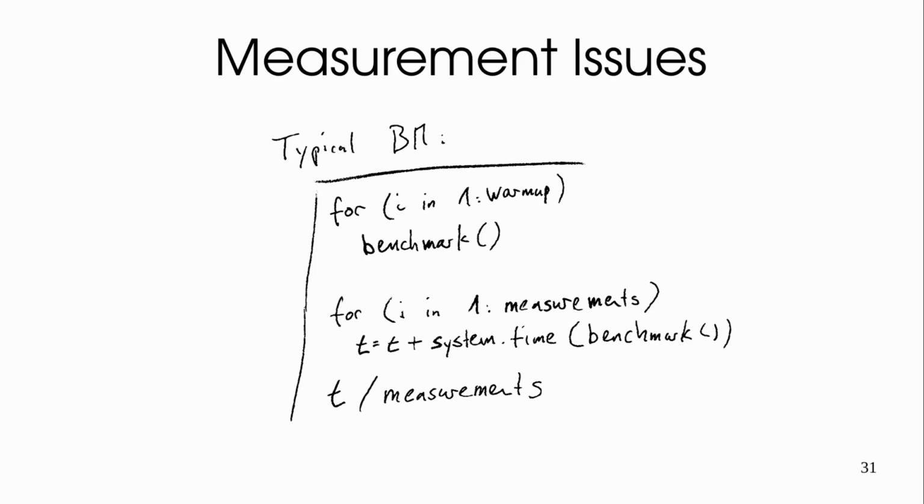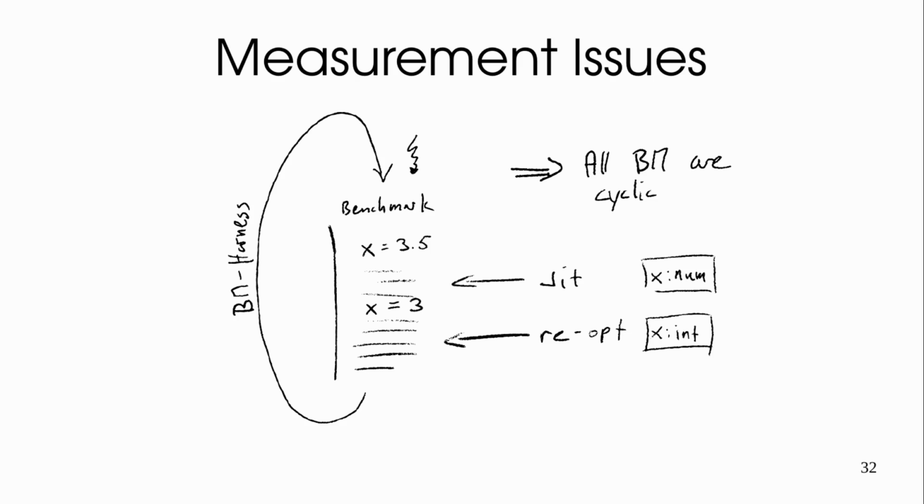If we look at one of the measured executions, then assuming that benchmark has one of the behaviors that I described before, so let's say x first starts out as a number of any type, and then it narrows down to an integer over time.